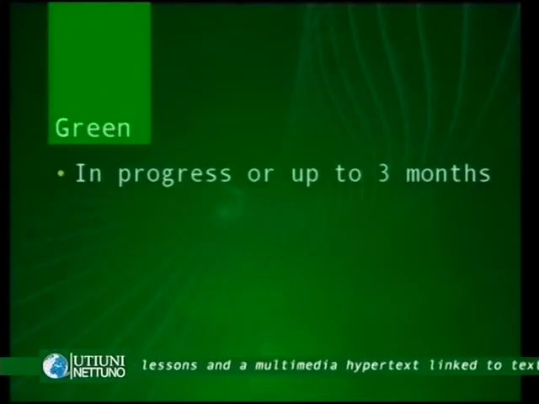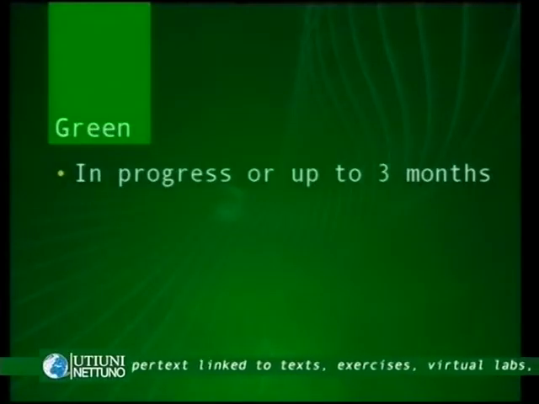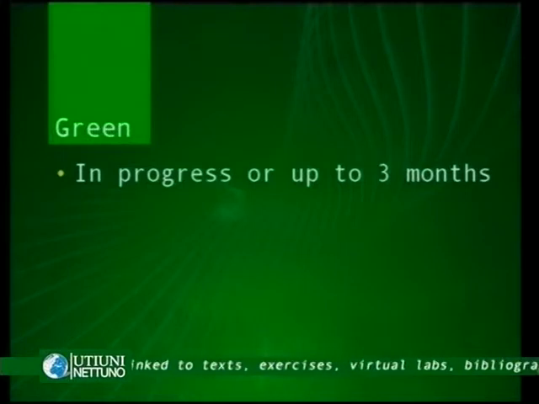So let's look at green. We said green, in progress or up to 3 months. Short time period. In progress could mean we have met with the buyer, the suppliers are known, they are engaging, we know who the suppliers are, and the time frame is up to 3 months.